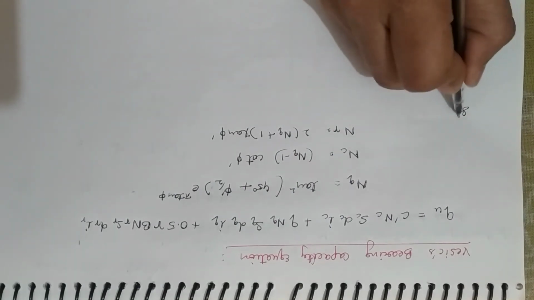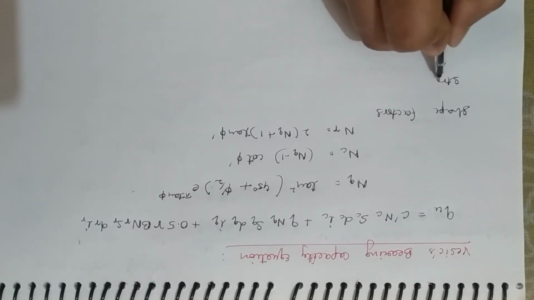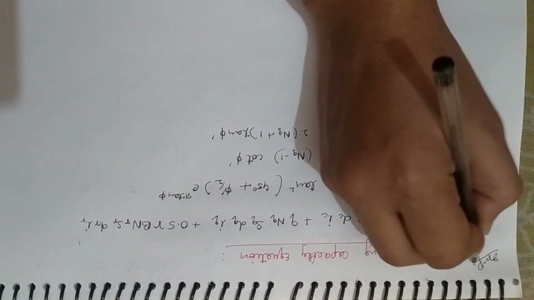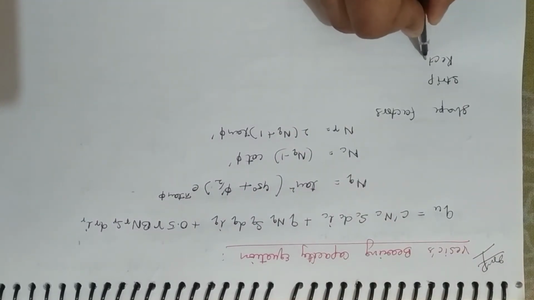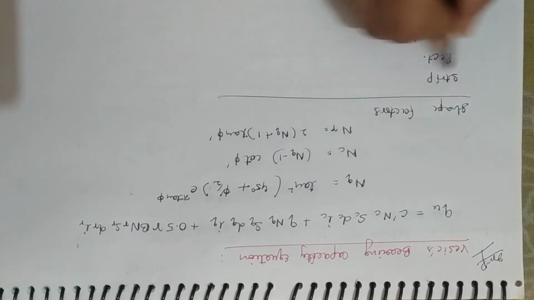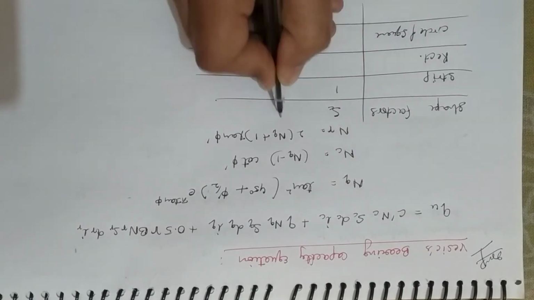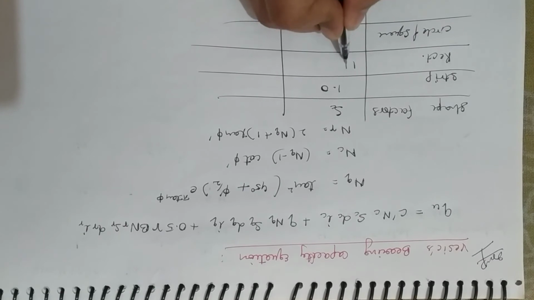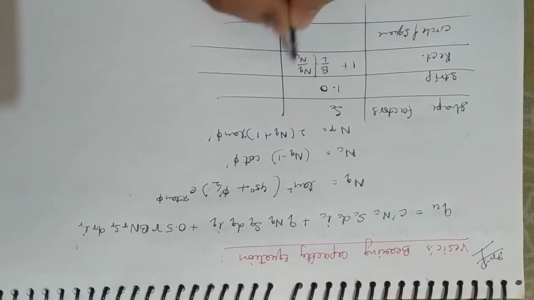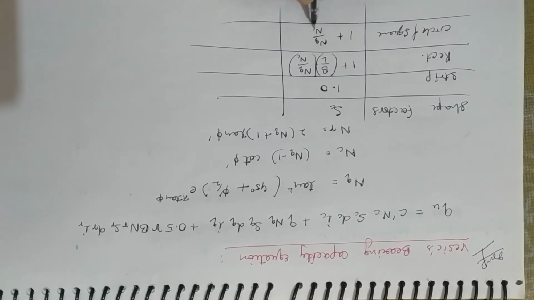And shape factors are, this is important, Vesic gives the same shape factors for rectangular, circular and square. First of all, SC is 1 for strip footing, 1 plus B by L into NQ upon NC, and 1 plus NQ upon NC for circular and square.